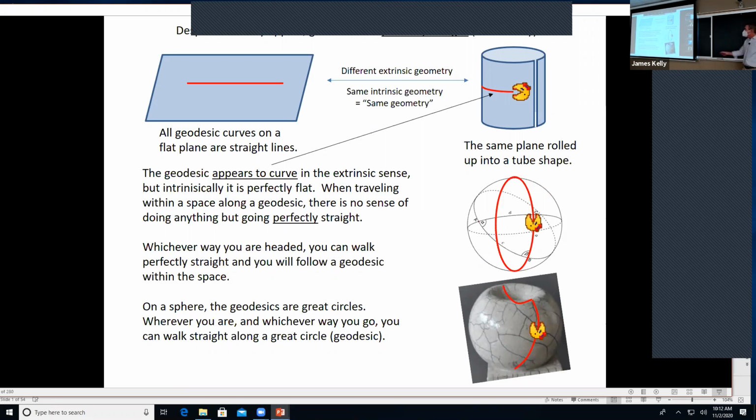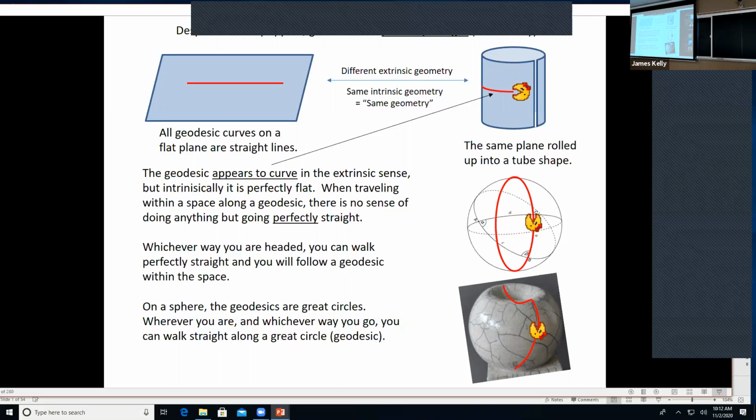When she passes what we might call the North Pole, she might think she's curving downward, but she's not going to have any idea of the difference in the geometry here, and she'd be curving upward. So she's curving neither upward nor downward. She is going literally straight in the space. She doesn't have any sense of not being able to go straight, and we shouldn't think that there's a sense in which she can't go straight.